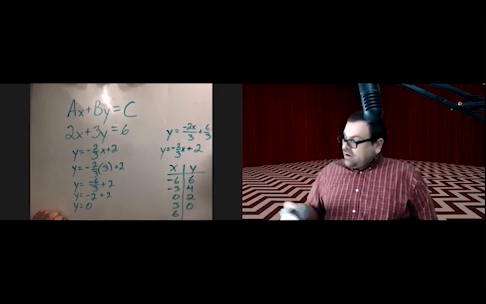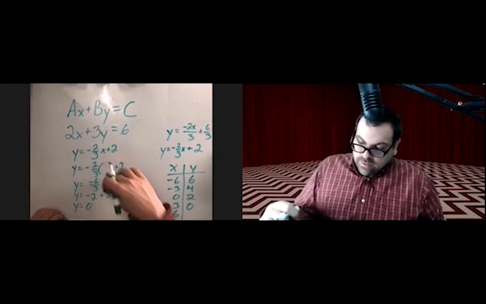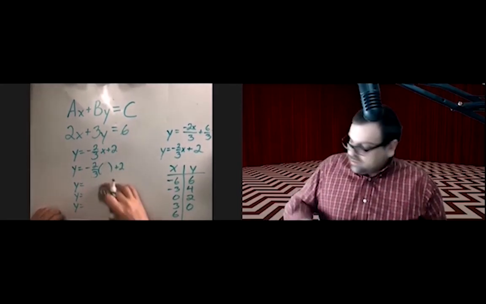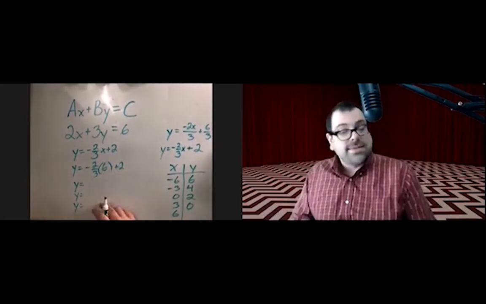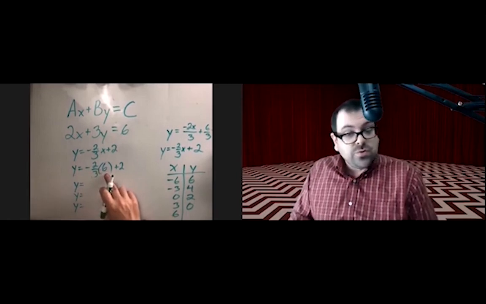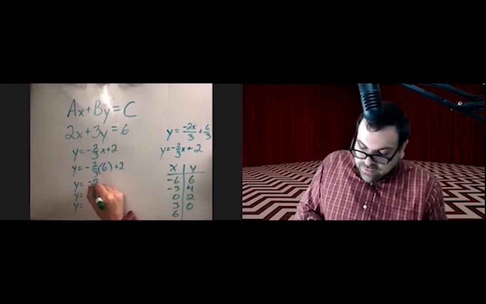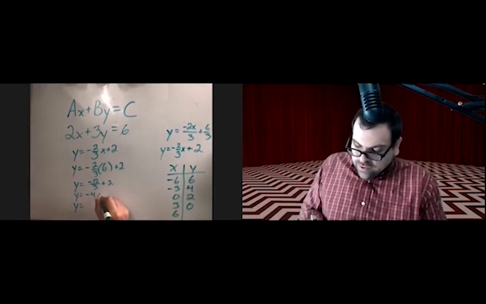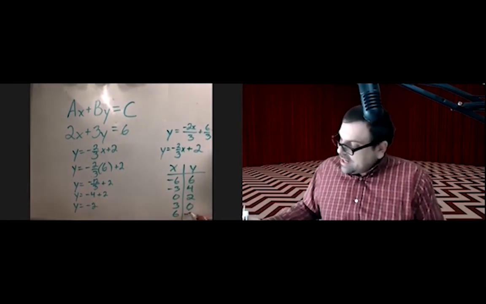And I have one more value. I'm going to go ahead and get one more x value that I'm going to get a y value for. When I plug in x is 6, -2 times 6 is -12. -12 divided by 3 is -4. -4 plus 2 is -2.